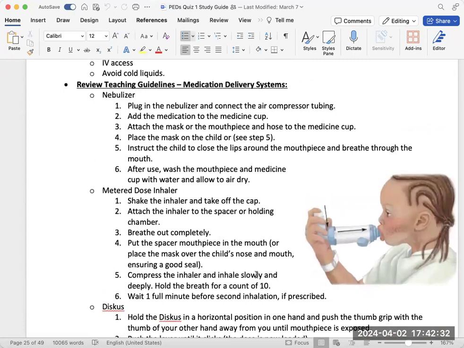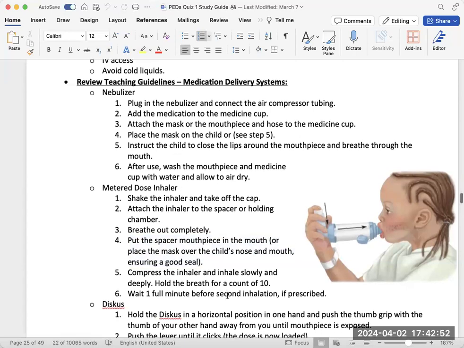And that children can use a spacer, especially for those metered dose inhalers, which is almost what you're seeing in the picture to the right. The spacer just helps create a better seal for them to breathe in their medication. So, I would just know that.